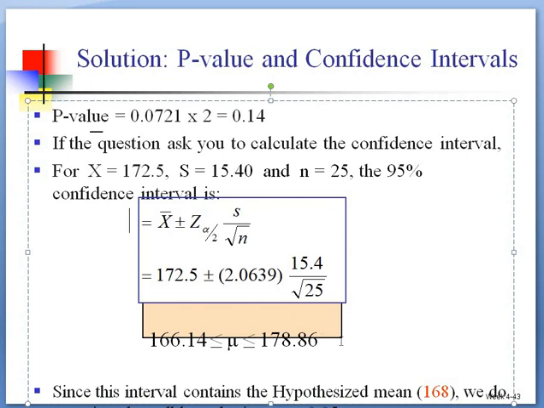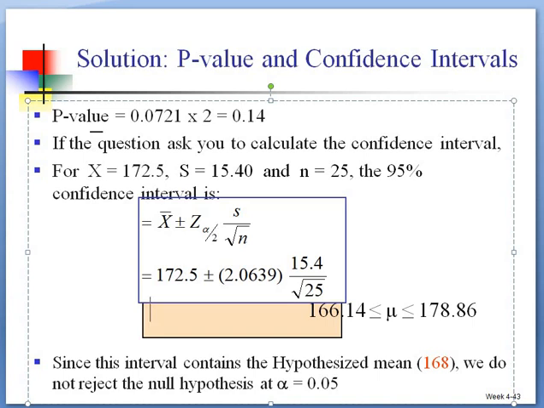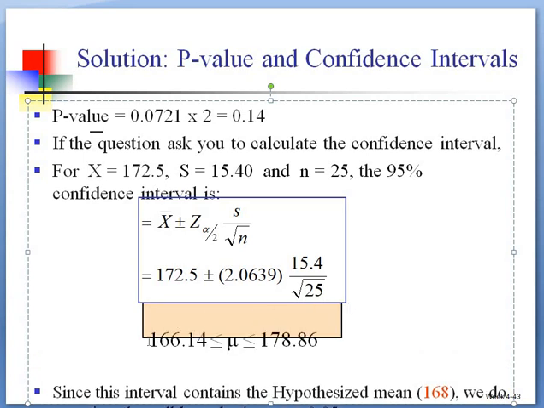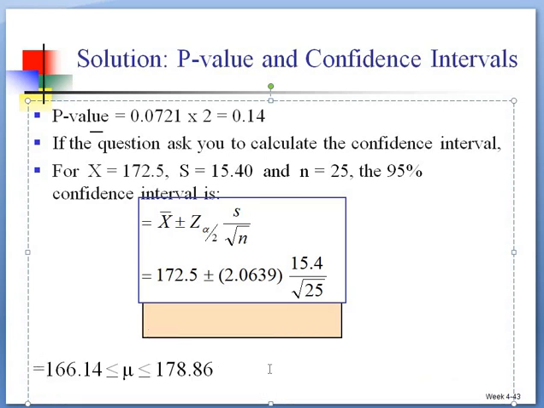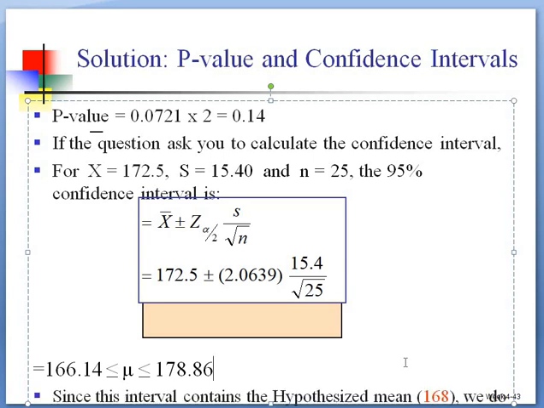Therefore, we get 166.14 less than or equal to the population mean, less than or equal to 178.86.